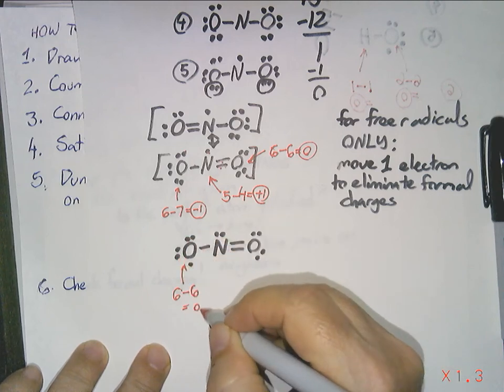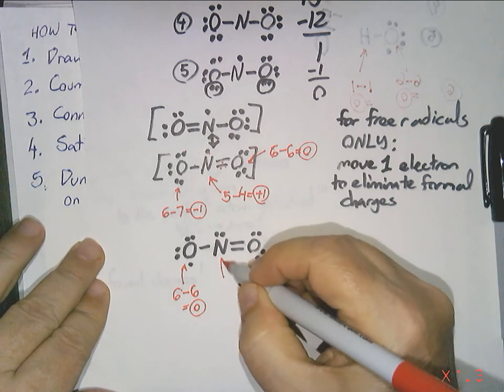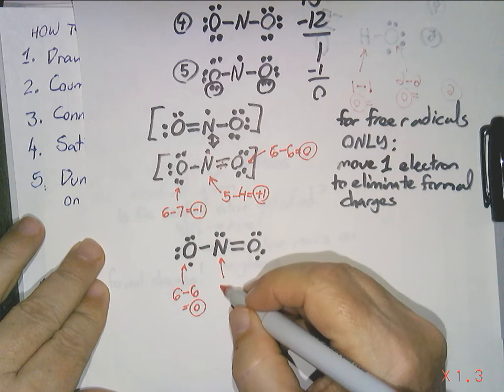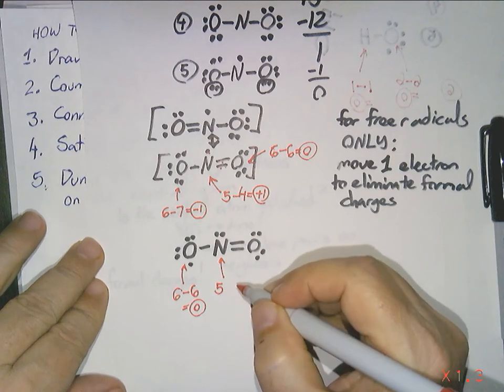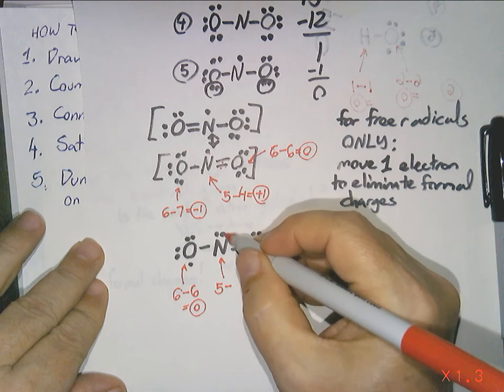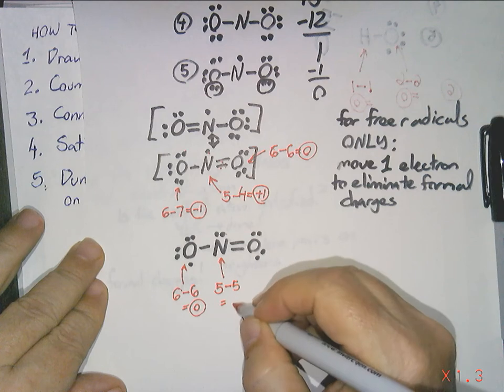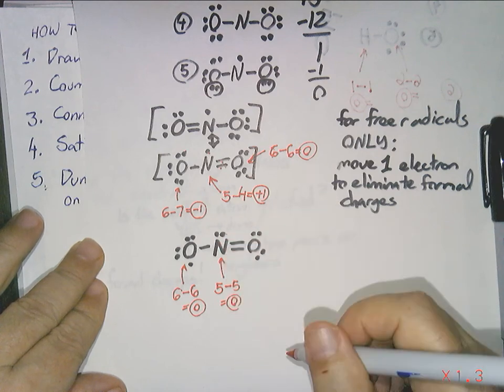Look what happened. Now we have a 0 formal charge there. How about this nitrogen? We've got 5 valence electrons on a nitrogen on the periodic table minus 1, 2, 3, 4, 5 sticks and dots. So we have a 0 formal charge on that.